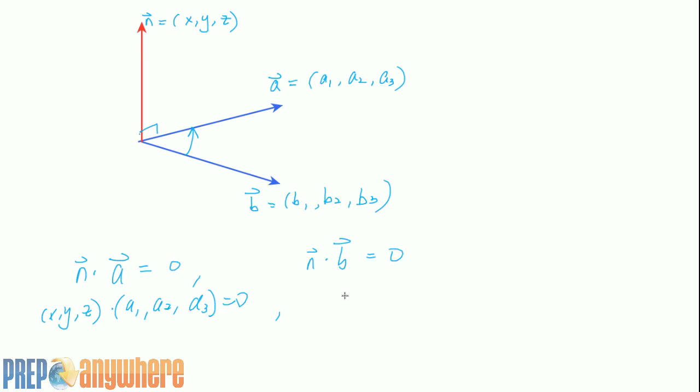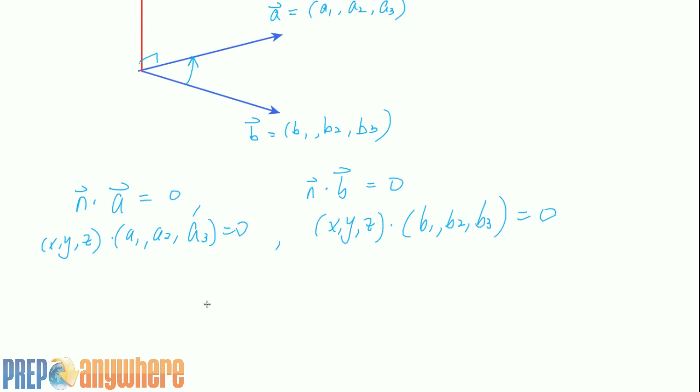So that'll be 0. And that'll be 0. Alright, so let's try to express x, y, z all in terms of a and b's.